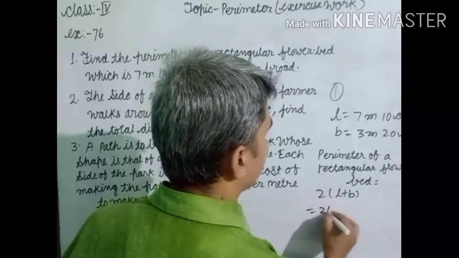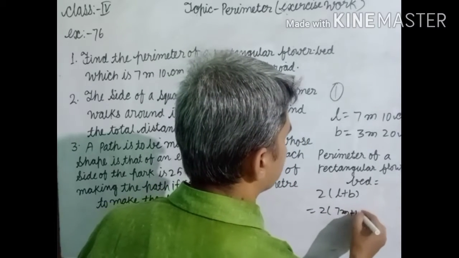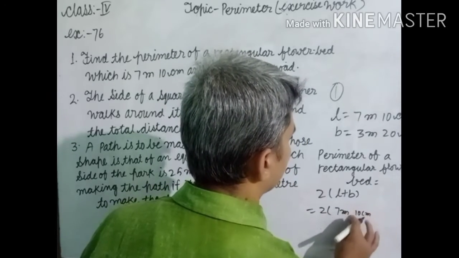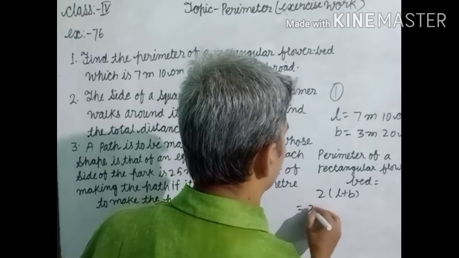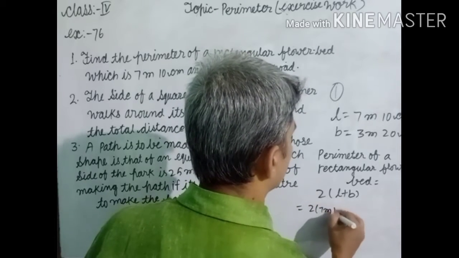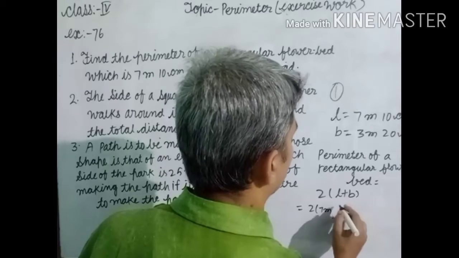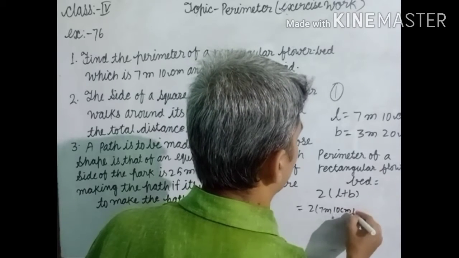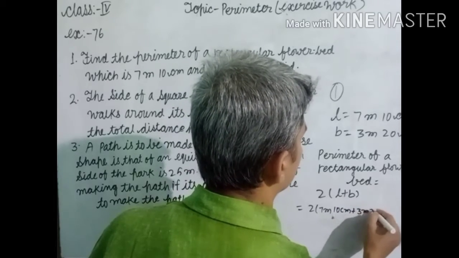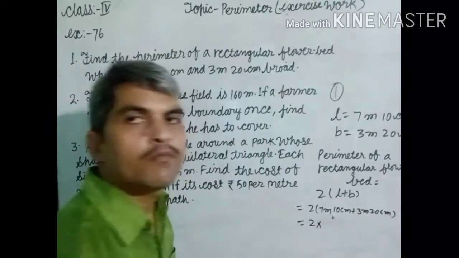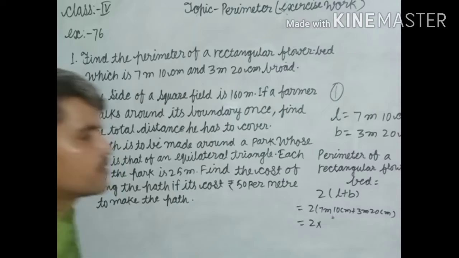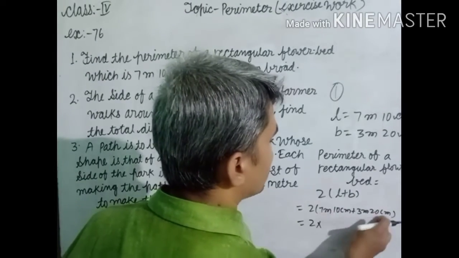Here, 7 meters 10 centimeters plus 3 meters 20 centimeters. Dear students, first of all you do the bracket work: 7 meters 10 centimeters plus 3 meters 20 centimeters.